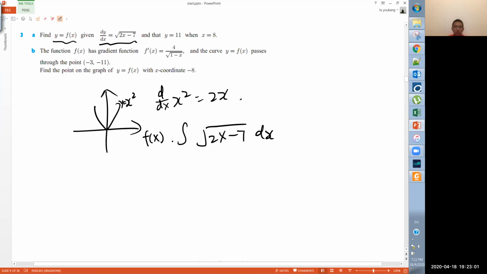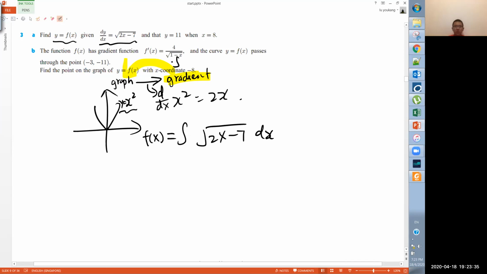So this is your graph function, and this is your gradient function. How do you get the gradient function? You differentiate. From the gradient function, how do you get back to the graph function? You integrate.